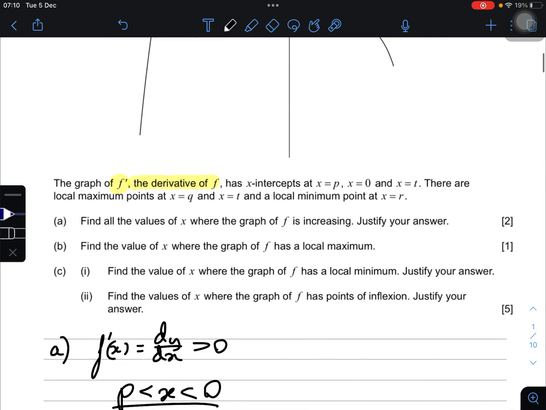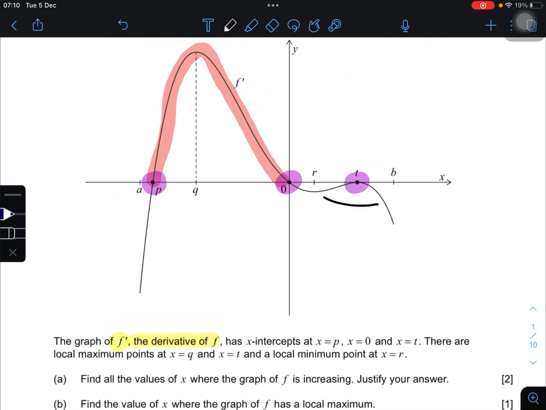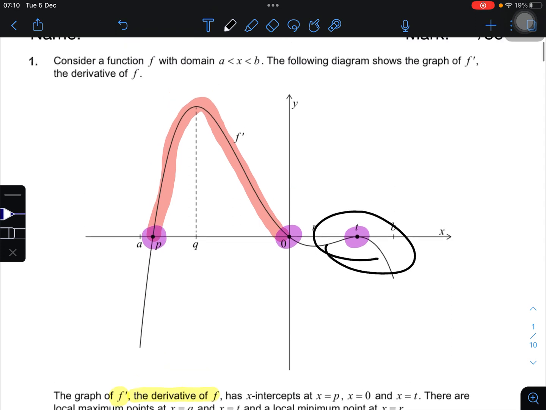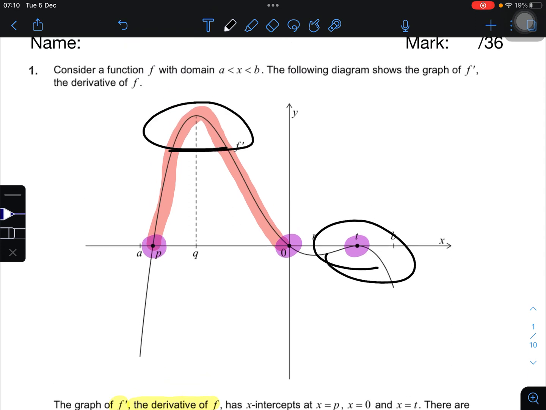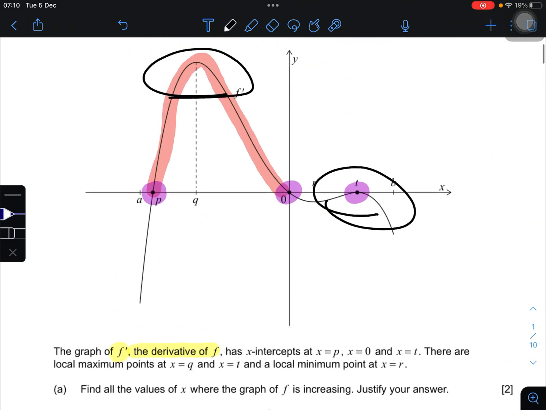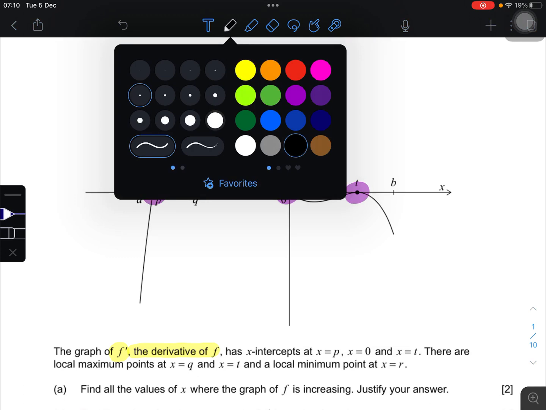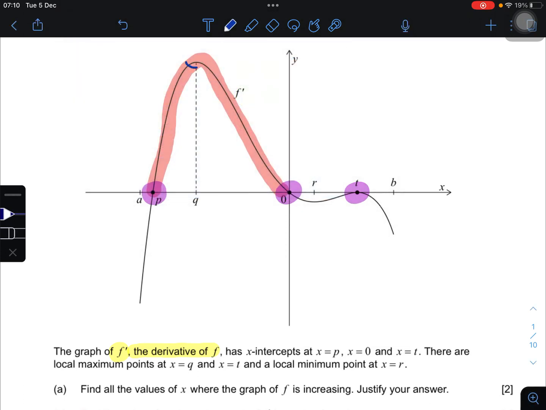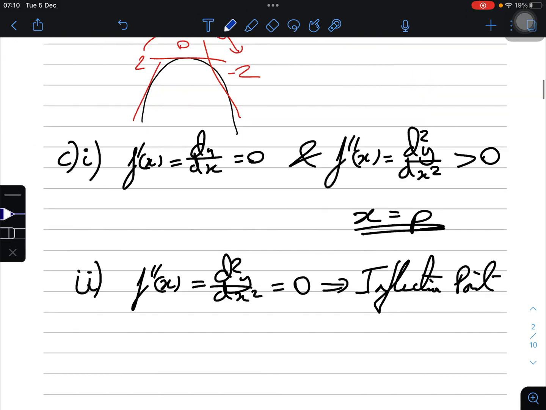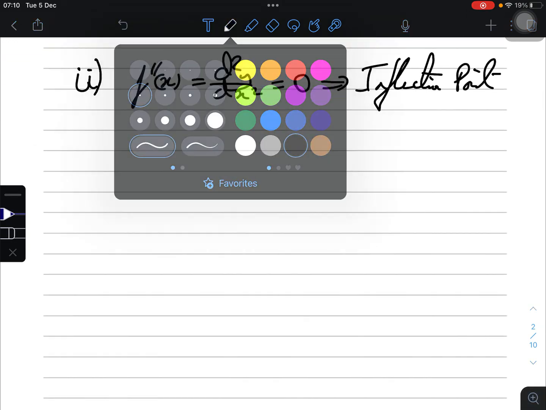So the only one where the second order differential would be equal to 0, where the change in the gradient is 0, actually it could be here, either at Q or at T, because both of those points there, you see the gradient of the gradient function would be 0. So it could be here, that's what I'm saying, or it could be here. So we'll write down both.